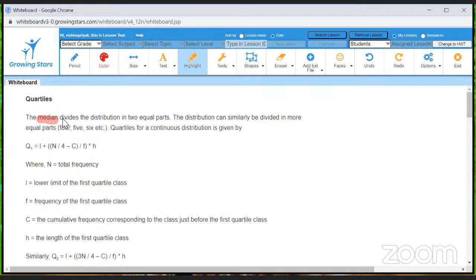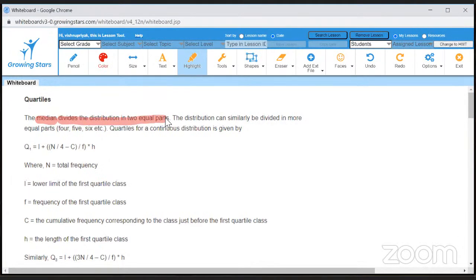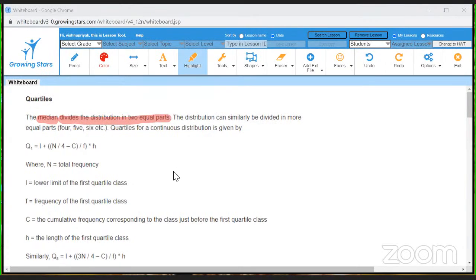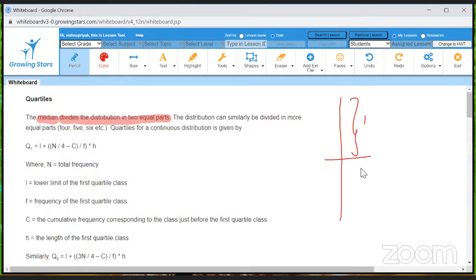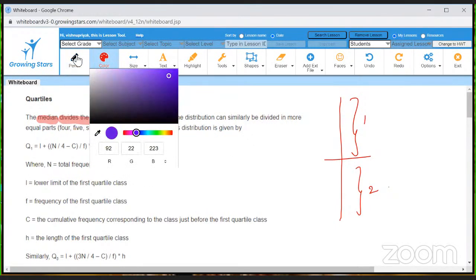So it divides the distribution into two equal parts. Yes, median is the middle number. Suppose this is the distribution. If you divide it into two equal parts, first part, second part. Similarly, you can divide the distribution into four equal parts.